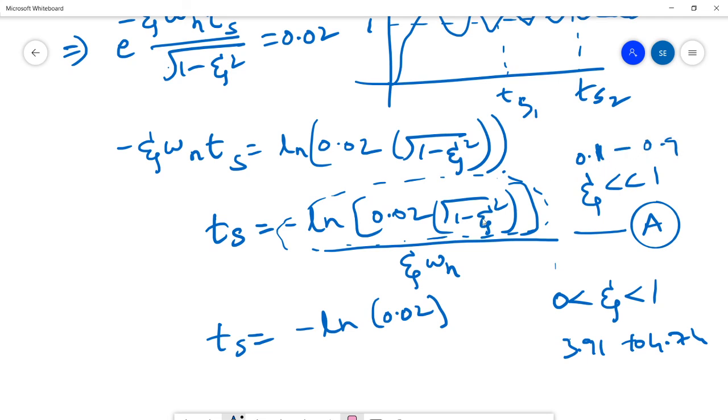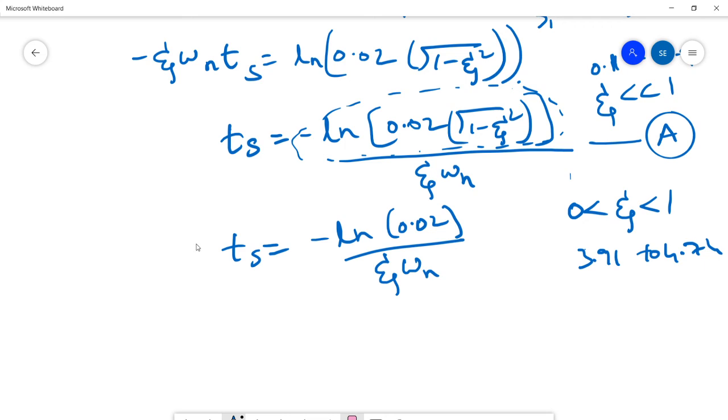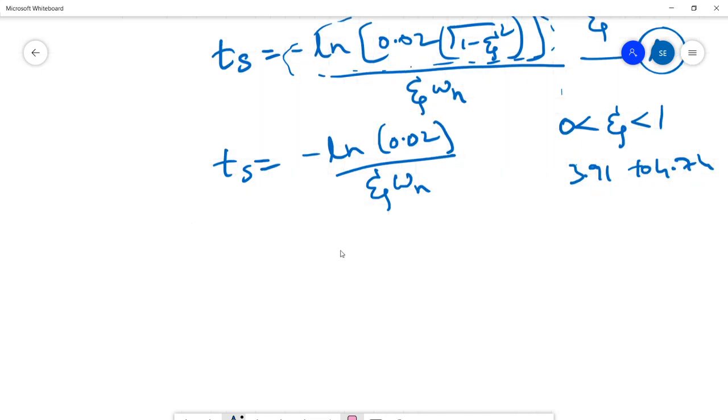If you substitute 0.1, the term is approximately 0, so root of 1 is 1, and whatever value you substitute, you can use the same value here. Else we keep it as omega n. So what is the logarithm of 0.02? You can just do it on a calculator. It will be around 4, so ts is 4 divided by zeta omega n. This is an approximated value, approximately 4.